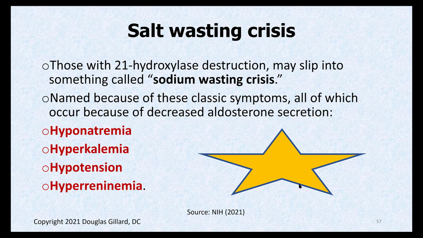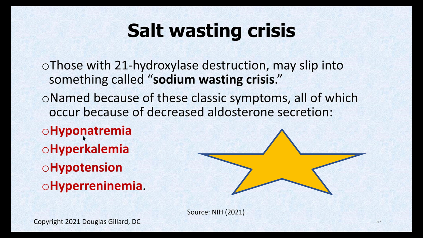Here's another one I just added today. Aren't you guys lucky? Salt wasting crisis. With a 21-hydroxylase deficiency, you might slip into something called a salt wasting crisis, and that in fact is the most common type in someone born with congenital 21-hydroxylase deficiency. If you don't have 21-hydroxylase, you can't make aldosterone.